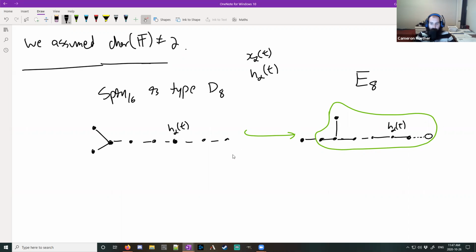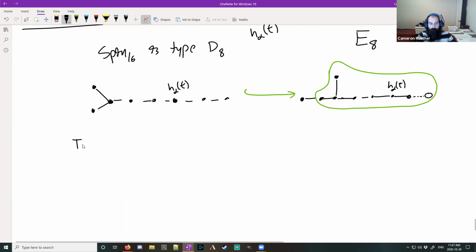And so once you've defined this, you can look at the center. And once you quotient out by the center, I think you get HSpin.